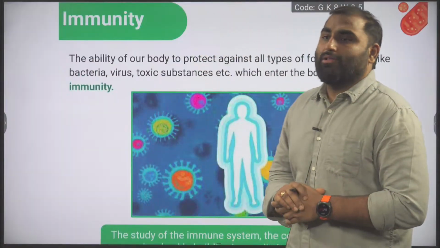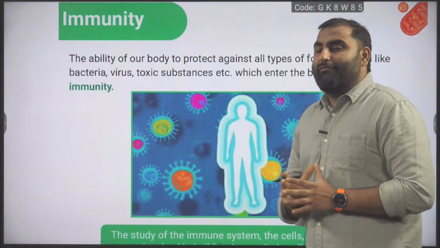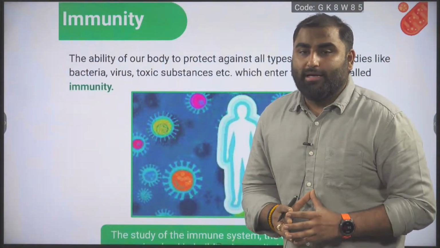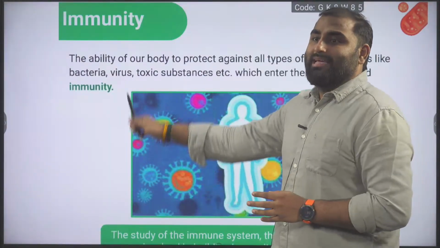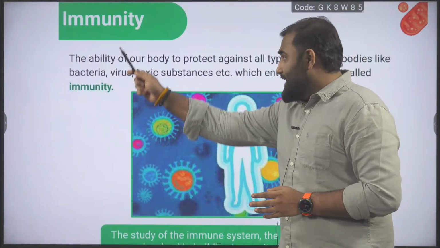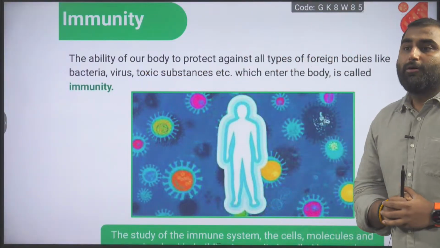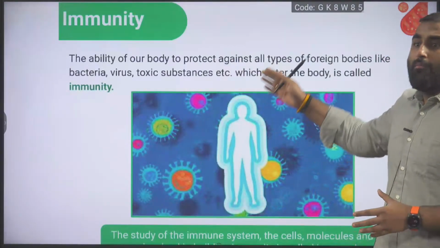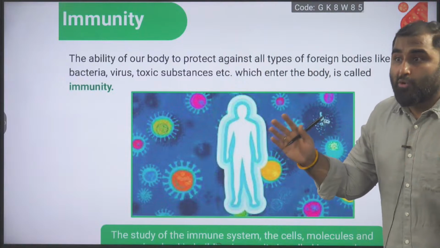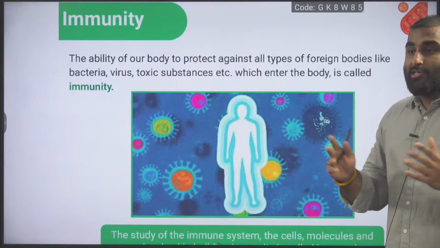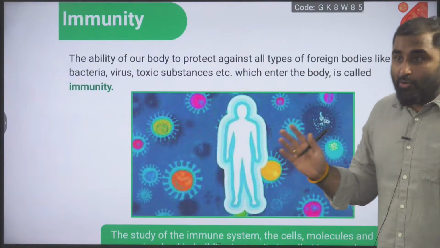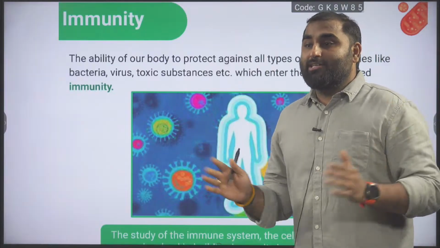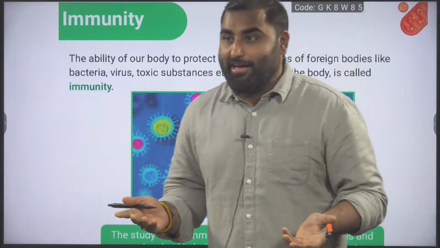As you can see on the screen, I have shown you the definition of immunity. What is immunity? Immunity is the ability of our body to protect us from all types of foreign bodies, mostly. If you ask me about HIV now, I will say no, not yet. Our immunity is not that well developed to fight with HIV.